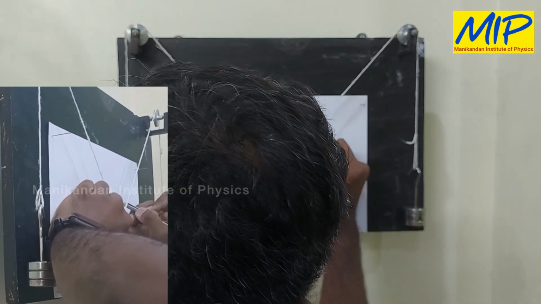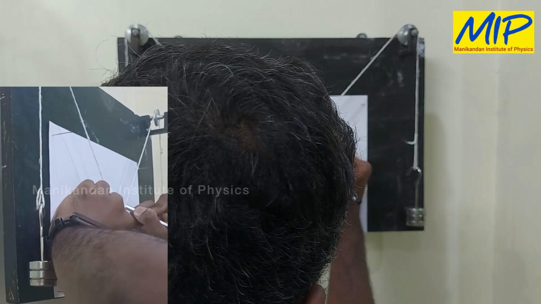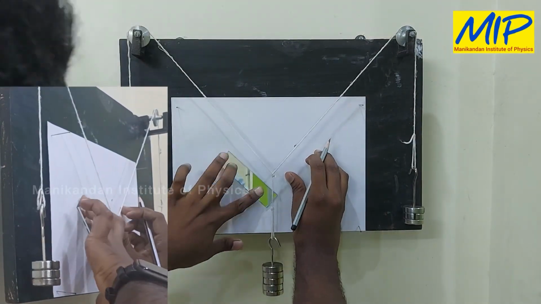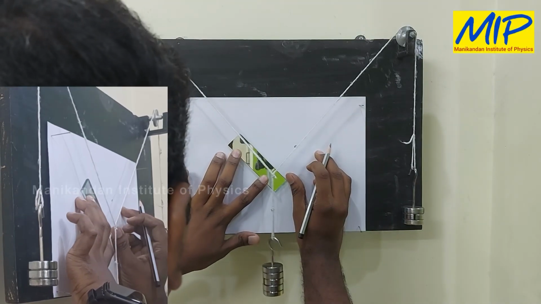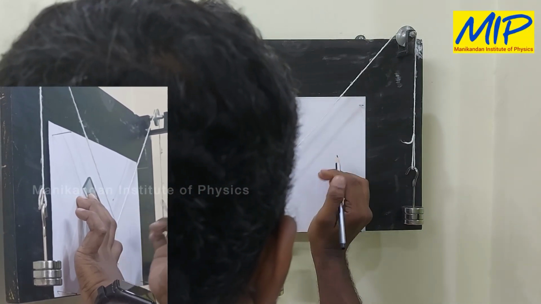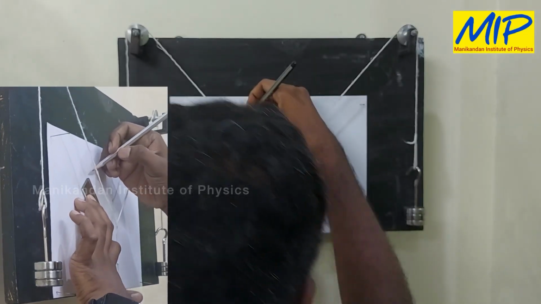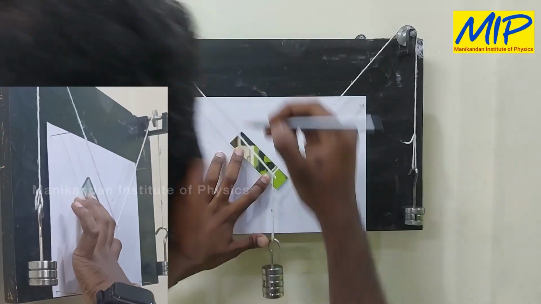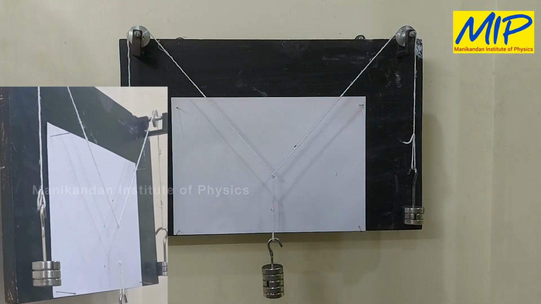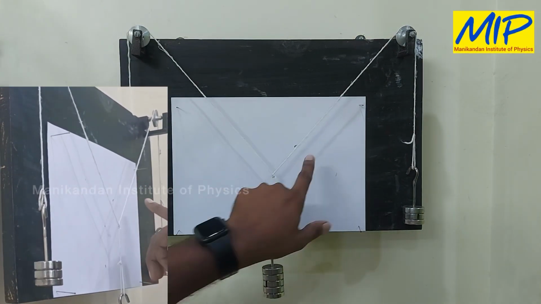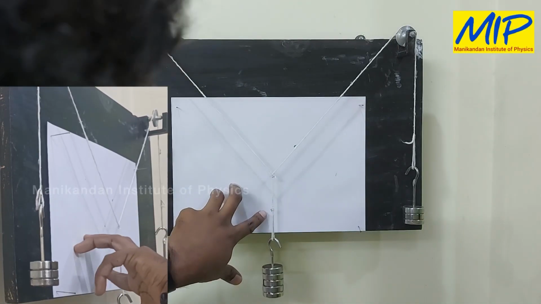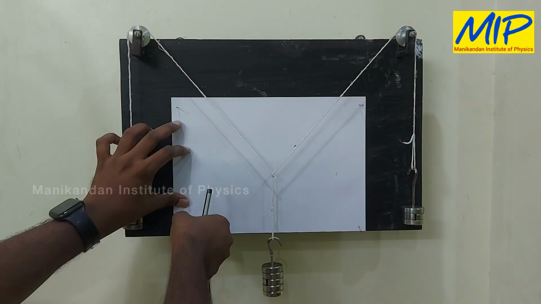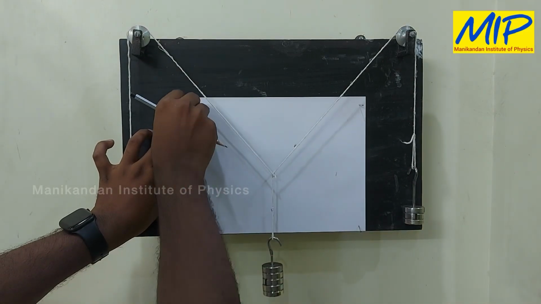That's why I am using this glass slab here, and then I am going to place this here. So we found the projection of this thread on the paper. Using this, now I am going to remove this sheet from here.